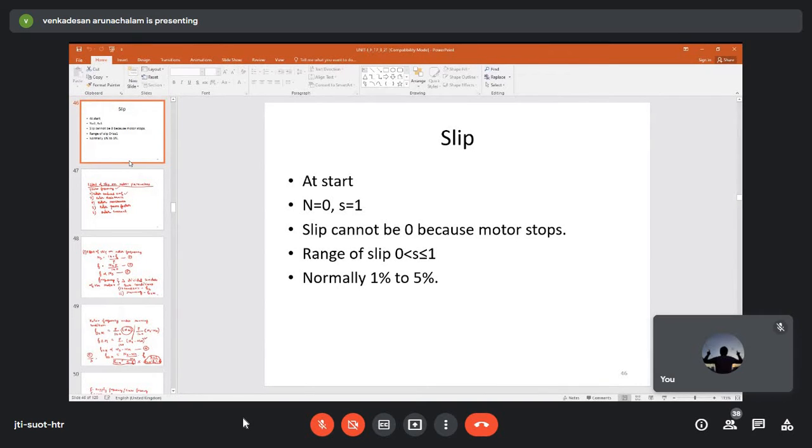So the range of the slip is 0 to 1 ideally, but normally the motor is designed for a slip of 1% to 5% or 2% to 5%. It all depends upon the manufacturer how they are designing the motor, right?